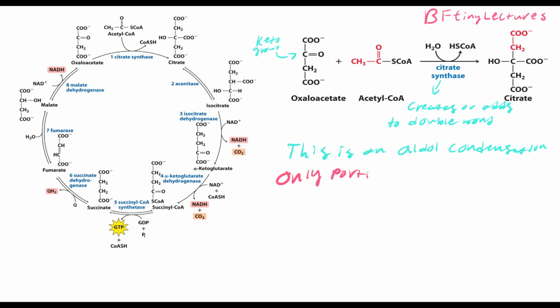In the other steps of the TCA cycle, you're not going to be forming any carbon-carbon bonds. So converting oxaloacetate into citrate requires the formation of this bond right here, which is a carbon-carbon bond.